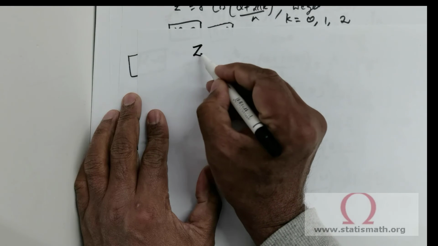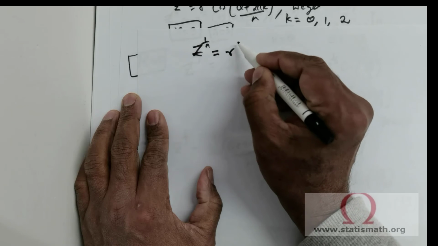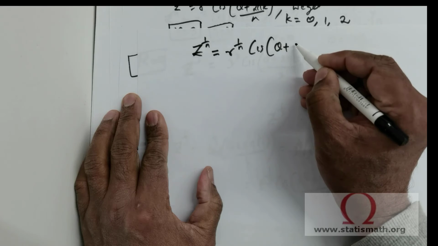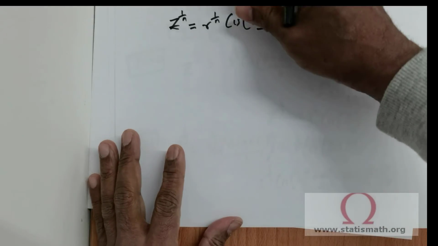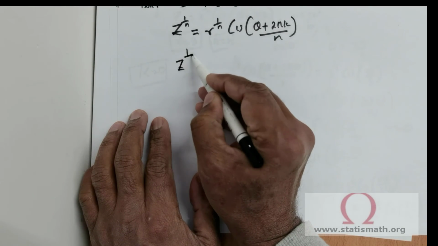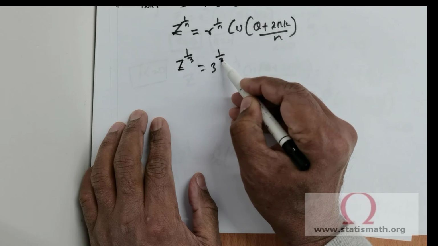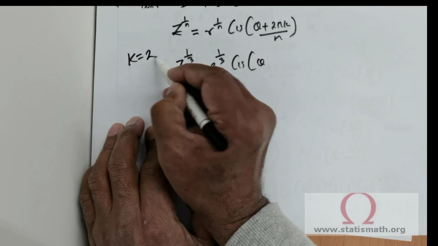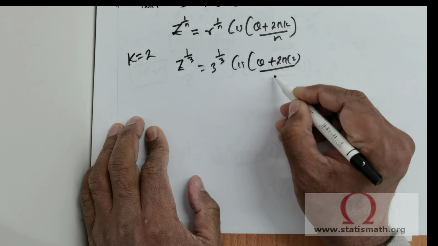So we would be again using the formula z raised to the power 1 over n is equal to r raised to the power 1 over n cis of theta positive 2 pi k divided by n. Okay, we are using the same formula. So now z raised to the power 1 over 3 is equal to 3 raised to the power 1 over 3 cis of theta positive 2 pi of 2 divided by n.